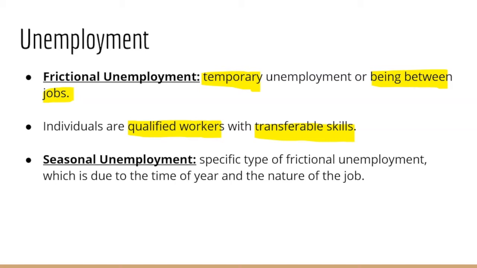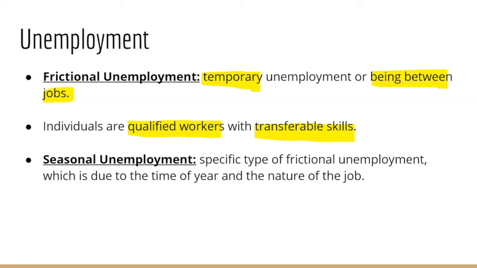There are always going to be college students looking for that first job out of college. If your mom and dad quit their job and look for a better job, they're considered to be frictionally unemployed. Yet again, we're always going to have these people that are in between jobs here.